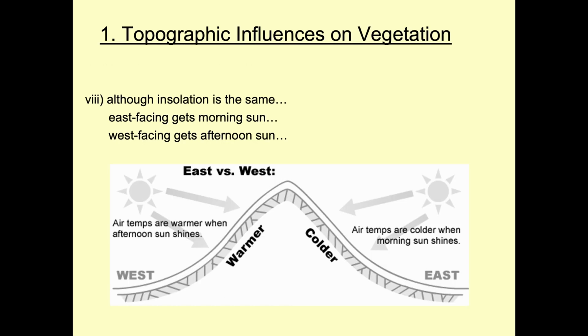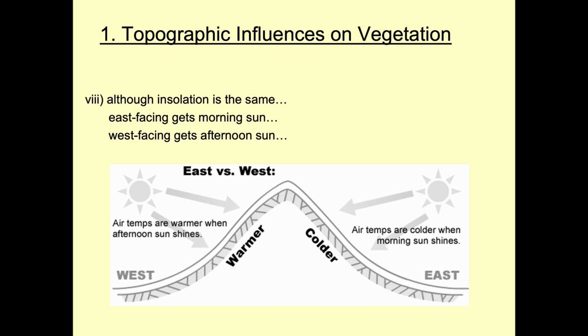So now I'm going to describe the eastern and western aspects in greater detail. Interestingly enough, the western aspect actually is more water limited, so you're going to have different vegetation. You're usually going to have a little bit less vegetation on a slope that has a western aspect versus an eastern aspect that is not as water limited.